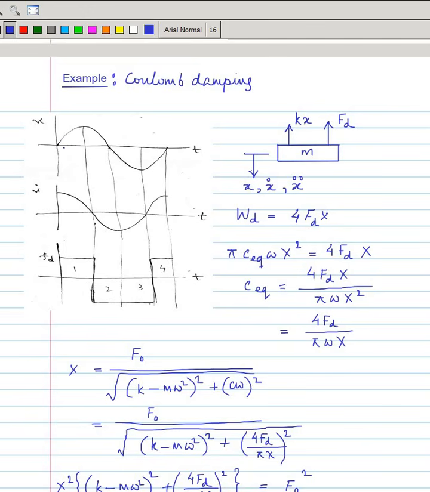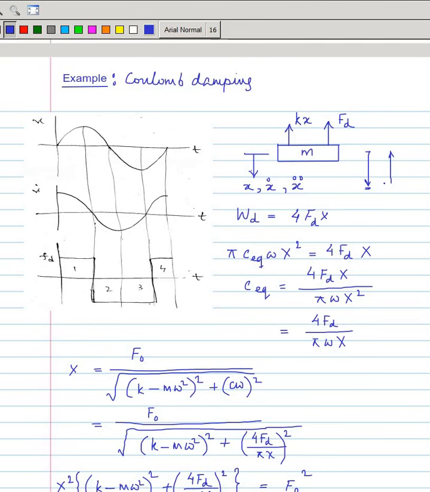Suppose this is the static equilibrium and x is going from here to here, and the damping force is acting like this. As long as x is increasing from 0 to maximum, the damping is like this.